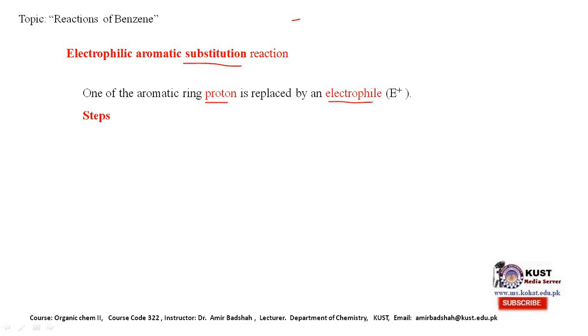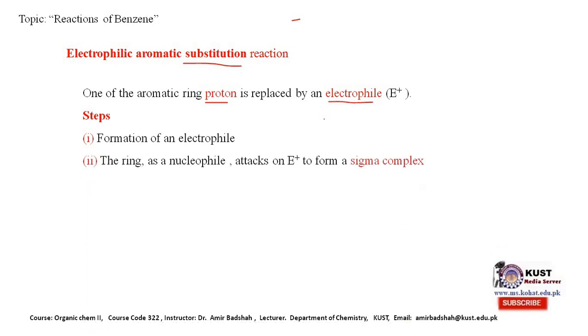Now how does this reaction take place? What are the steps used to carry out this reaction? The first step is the formation of the electrophile. An electrophile is an electron-deficient species in search of an electron-rich center. Second, the ring, which acts as a nucleophile, attacks the electrophile and forms a sigma complex.